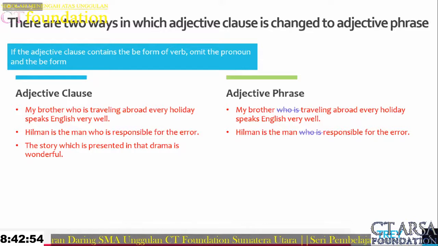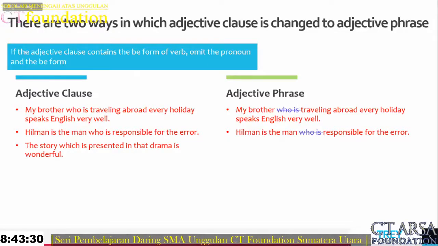We drop it, we take it out: the relative pronoun, which is who here, and the be verb. So Hilman is the man responsible for the error. You can say that instead of Hilman is the man who is responsible for the error. The meaning is similar. You got it? Very simple, right?